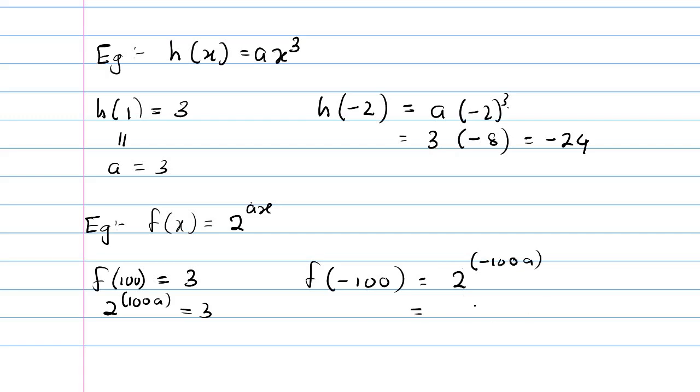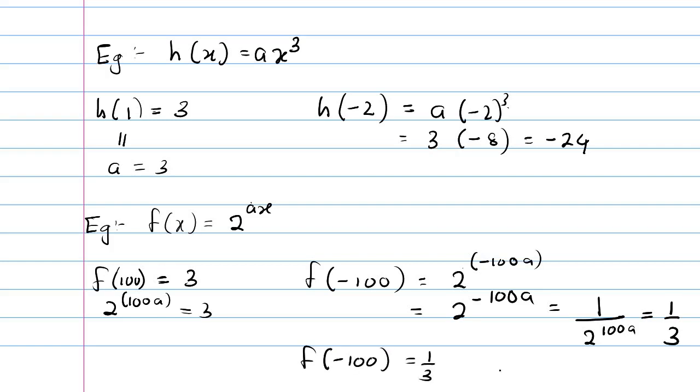What does this negative sign mean? When you have a negative exponent, you can just take the reciprocal of that: 1 over 2 to the 100a. What is 2 to the 100a? That's just 3, right? So you see that f of negative 100 is 1 over 3, right?